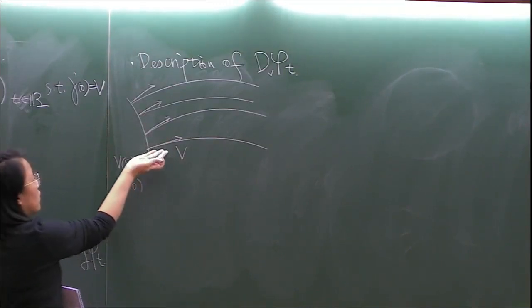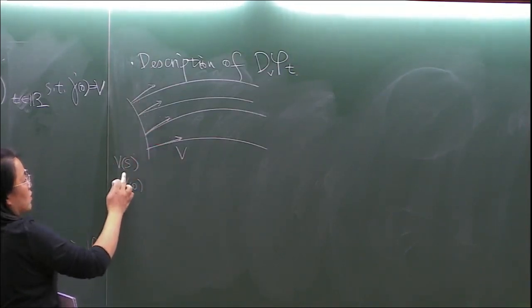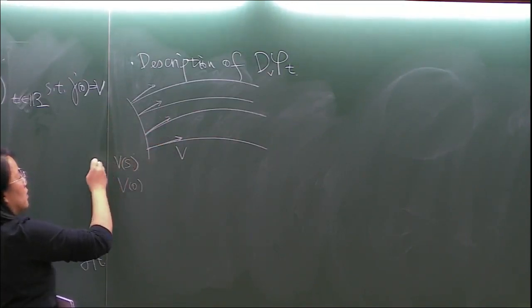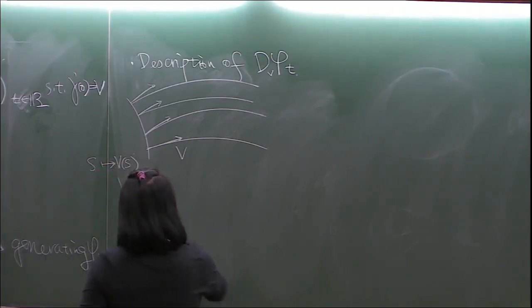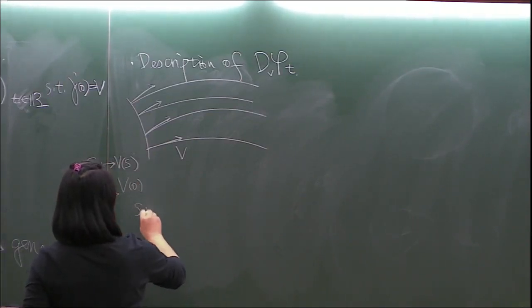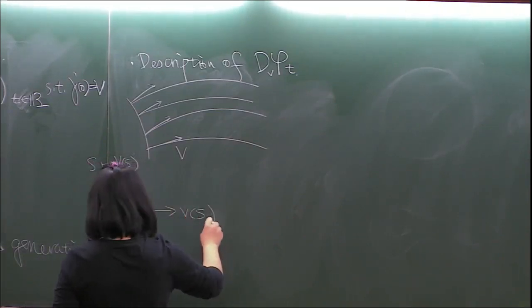So if you vary your initial vector with another parameter, this s goes to V_s, okay, and consider this s goes to V_s.